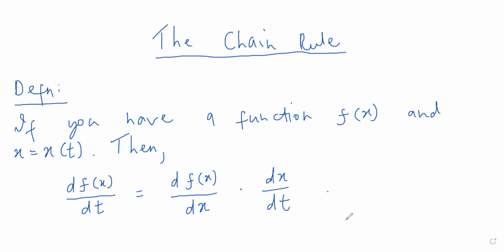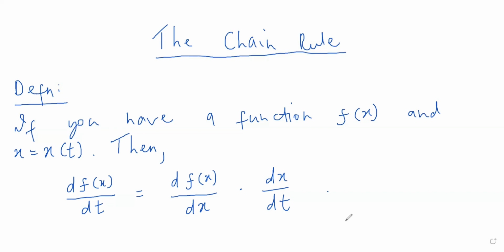If you have a function f of x and x is a function of another variable t, then the derivative of the function f of x with respect to t is equal to the derivative of f of x with respect to x multiplied by the derivative of x with respect to t.